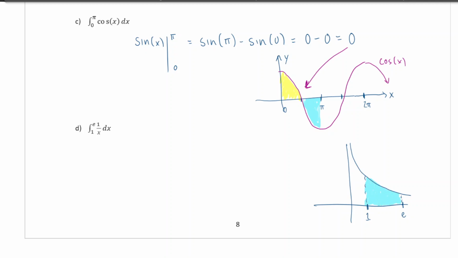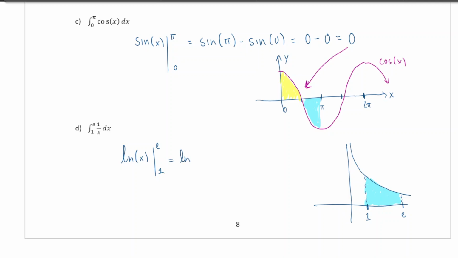So we're going to do the antiderivative. Now 1 over x has a special antiderivative. It's ln x, because recall the derivative of ln x is 1 over x. The bump the power up by 1 trick doesn't work for 1 over x. Okay, and then we're evaluating at e and 1.